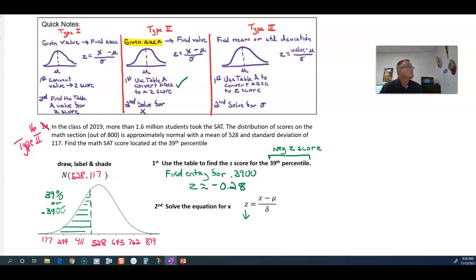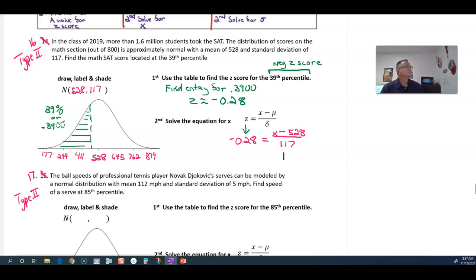So this was negative 0.28. This is x. Okay, now you got to solve that for x.